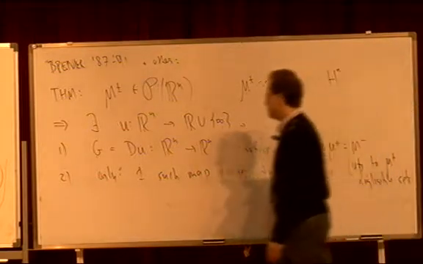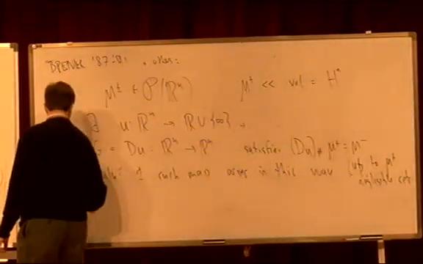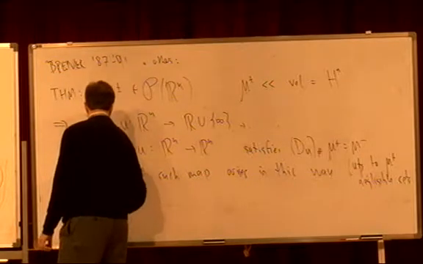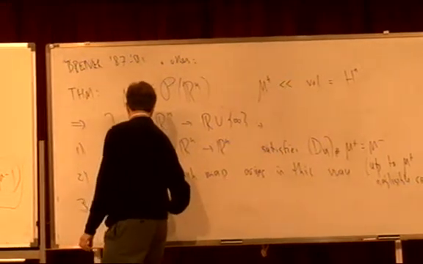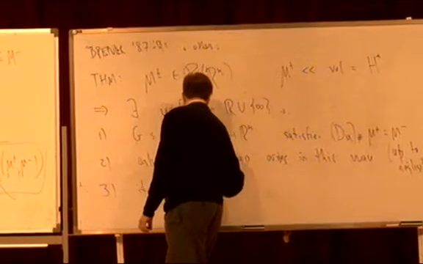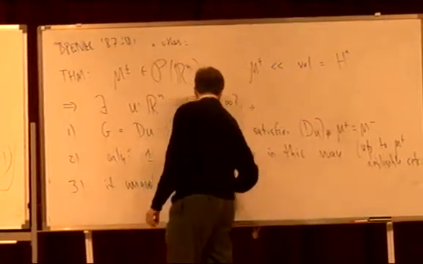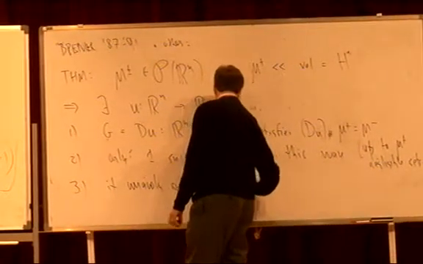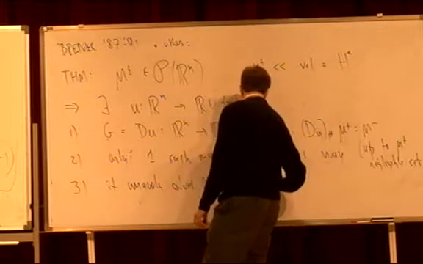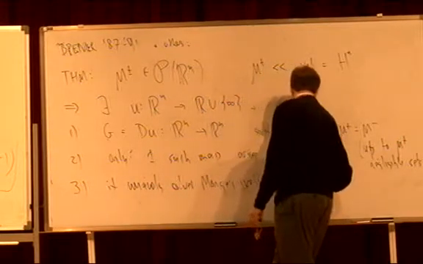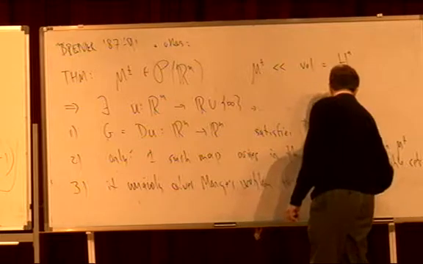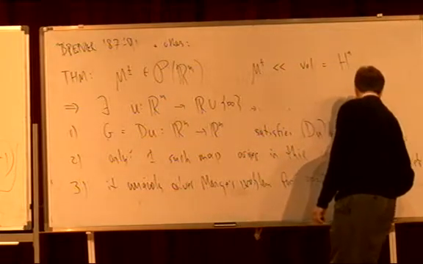And thirdly, it uniquely solves Monge's problem, i.e. for cost Euclidean distance squared.